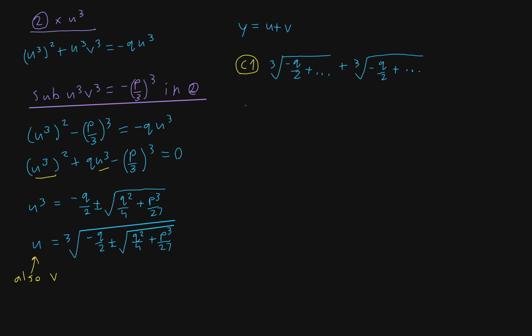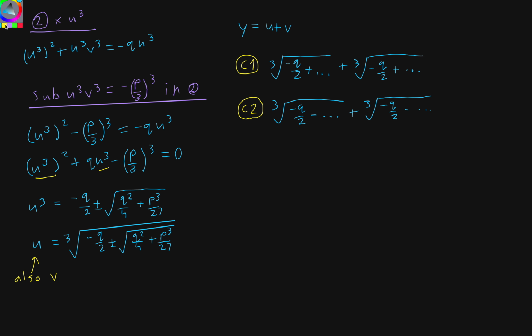Then there's the second case. The plus minus that's nested inside is going to be all negative, so we're going to have the cube root of negative q over 2 minus blah blah blah plus the cube root of negative q over 2 minus blah blah blah here.